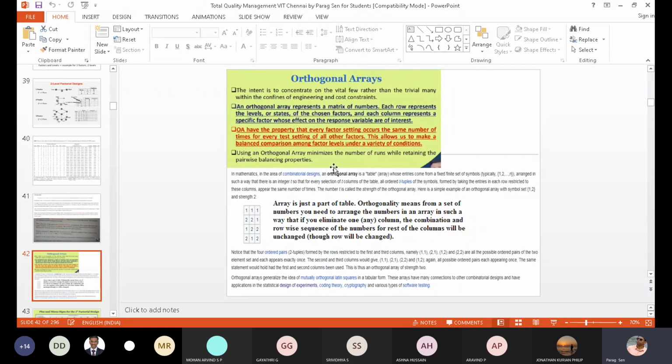In this way, mathematically it can be said. But in another way you can see that in these particular columns, an equal number of the levels have been considered. One has been repeated 2 times, two has been repeated 2 times. So this column is balanced.